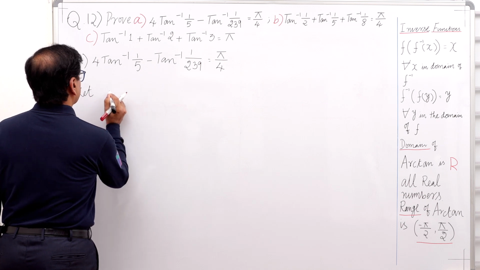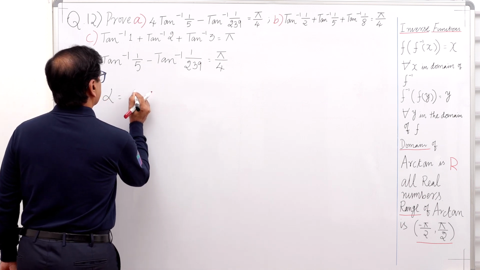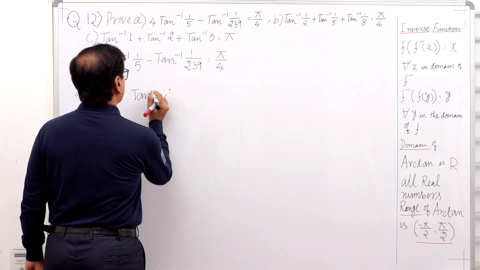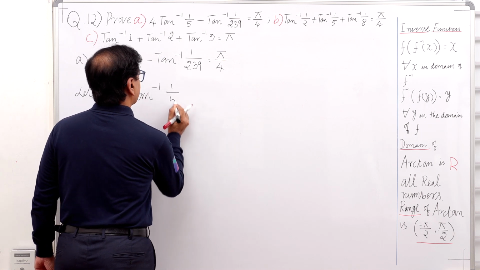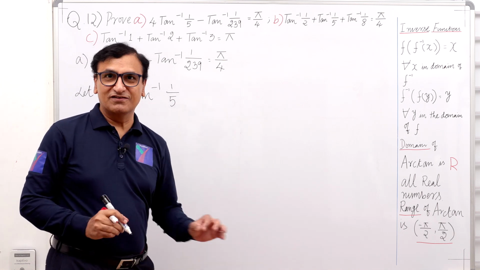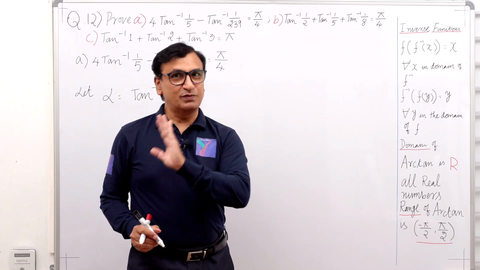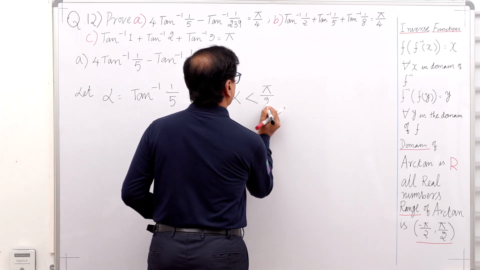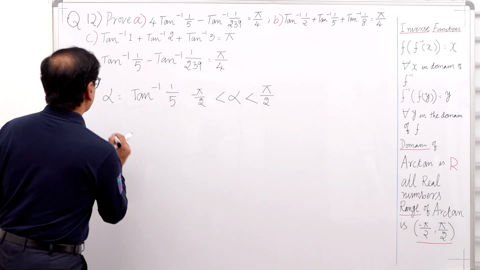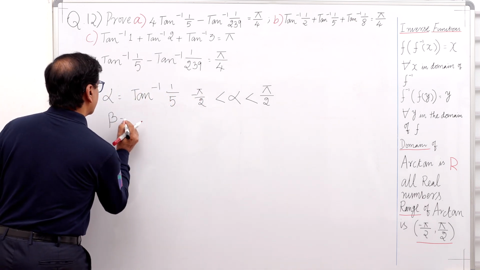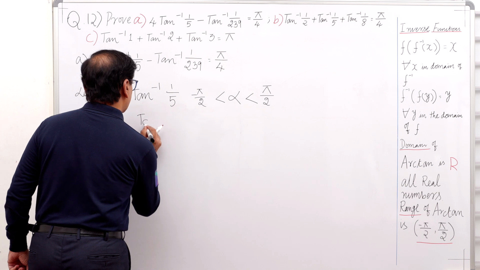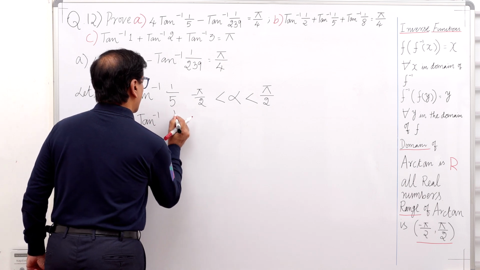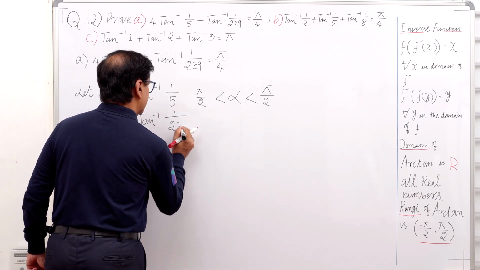Let alpha equals tan inverse of 1 by 5 and the value of alpha is between minus pi by 2 to pi by 2. Similarly, let beta equals tan inverse of 1 over 239.